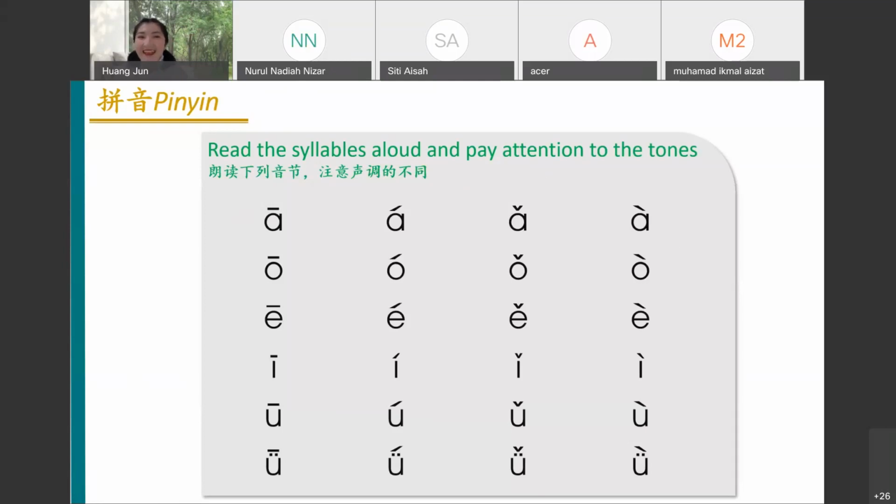So let's try again. Then try to read at the same time. I read first, then you just follow me. I hear it's like you are creating random new tones. Then we practice again.